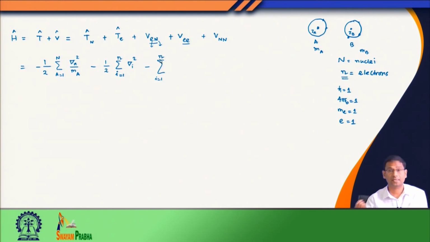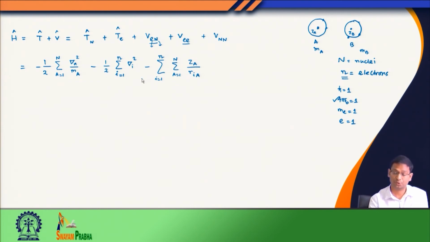Each electron can interact with every nucleus present here. What I have done here is that 4 pi epsilon 0 has been brought out and e square has been taken out. So, this should have Z into e square divided by 4 pi epsilon 0 r quantity.